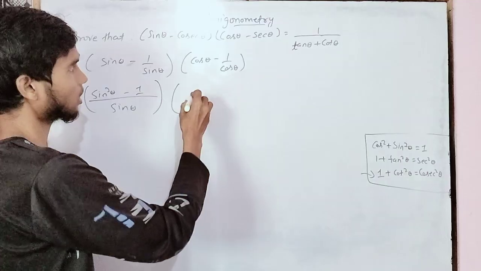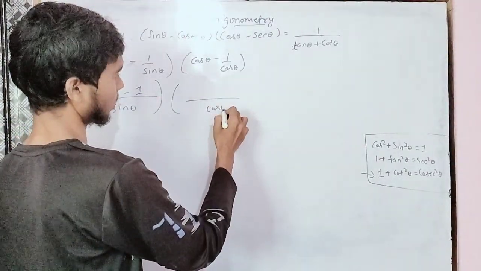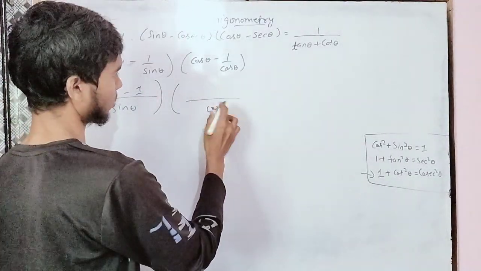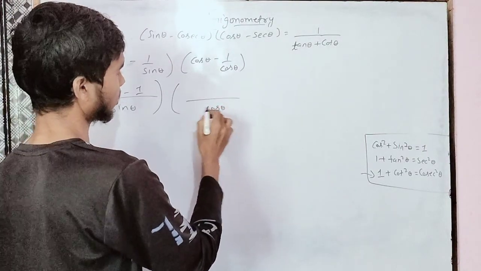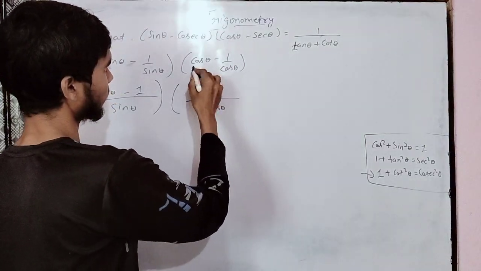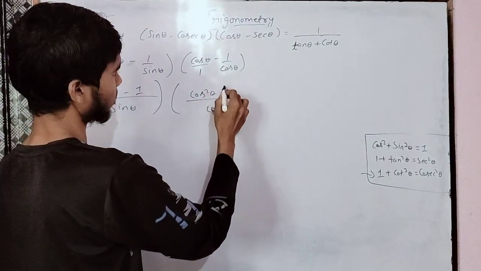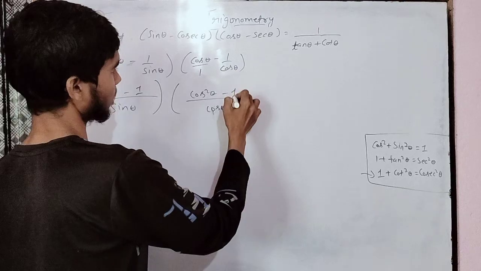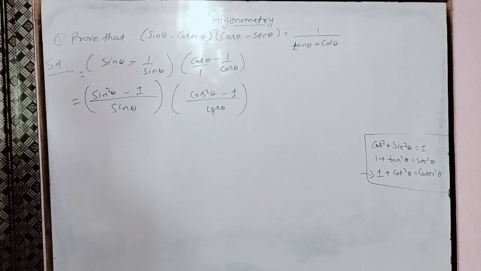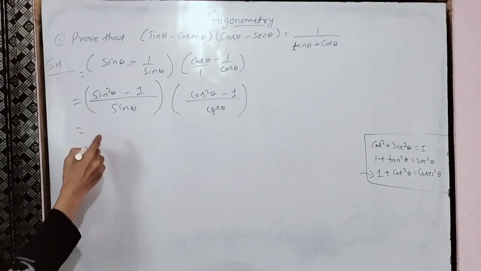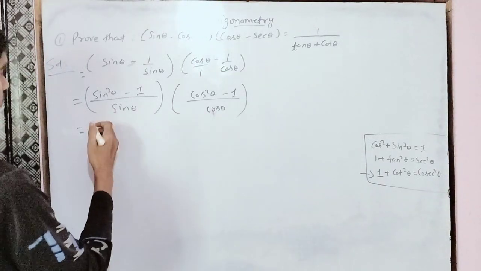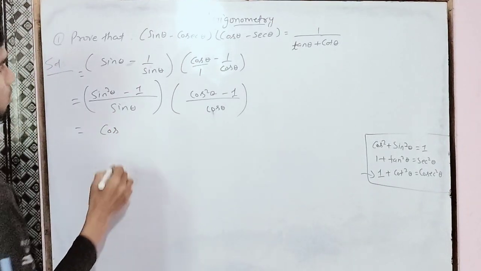In another bracket, cos theta will be in the denominator, and this will become cosec square theta minus, this is the same, that's why it will be as it is. Clear? Now cross multiply.